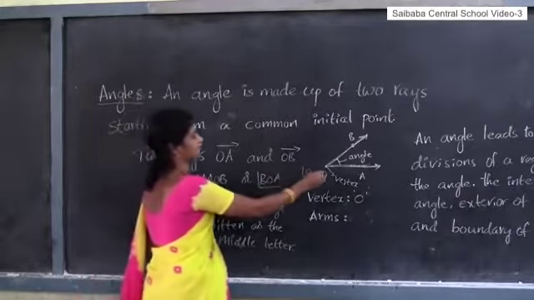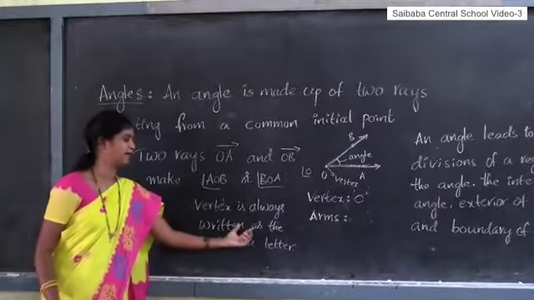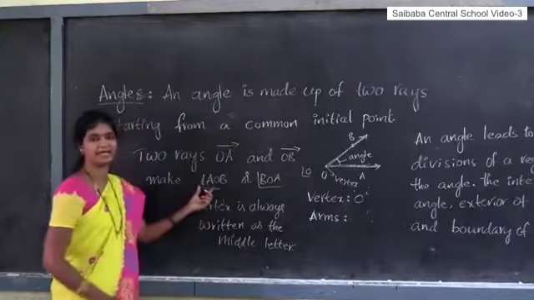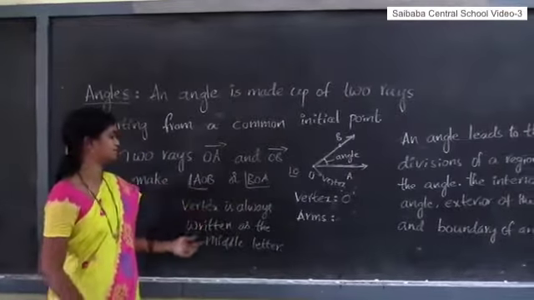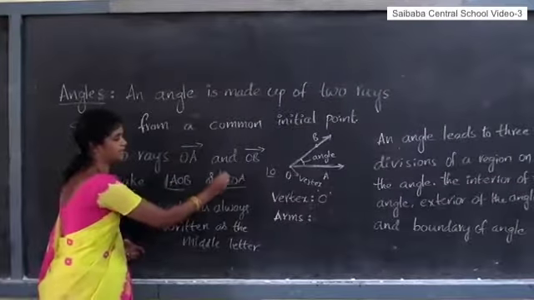In this, the vertex is always written as the middle letter. So either if you represent it as AOB or BOA, the vertex must always be in the middle of the angle.